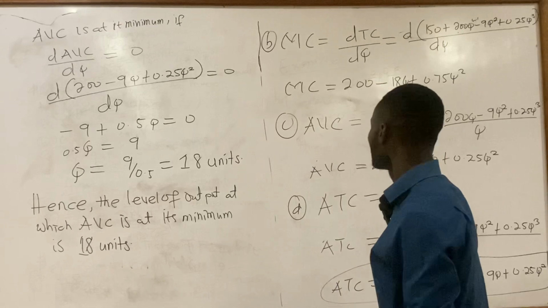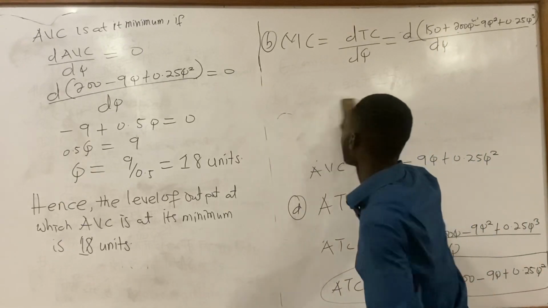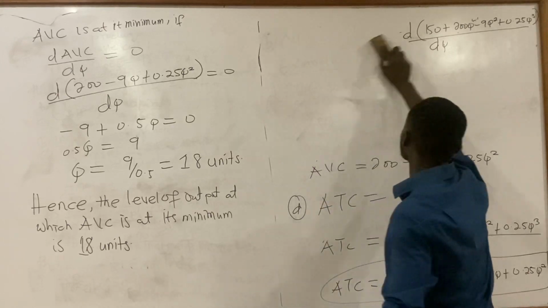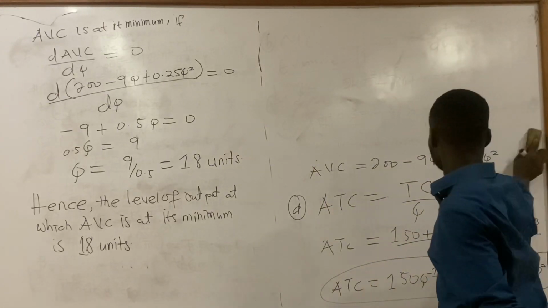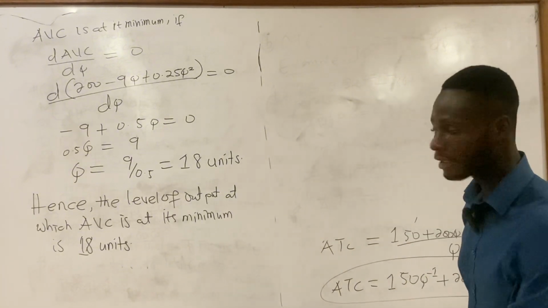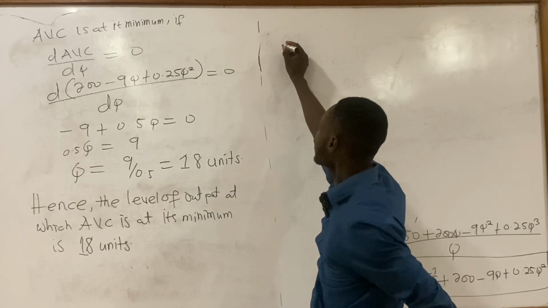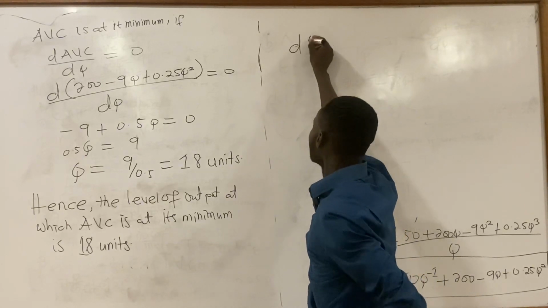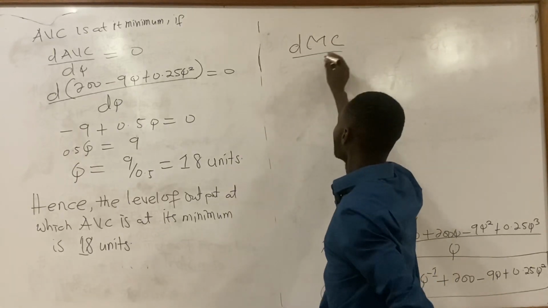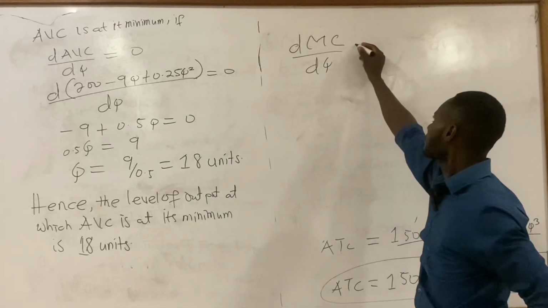And they also said we should find the marginal cost at its minimum. All right, the marginal cost at its minimum. And so the next part of the question will be the differential of MC with respect to the quantity.